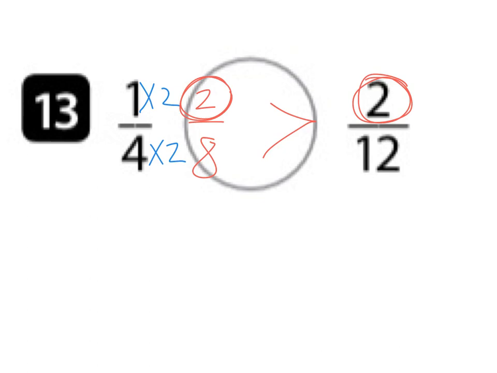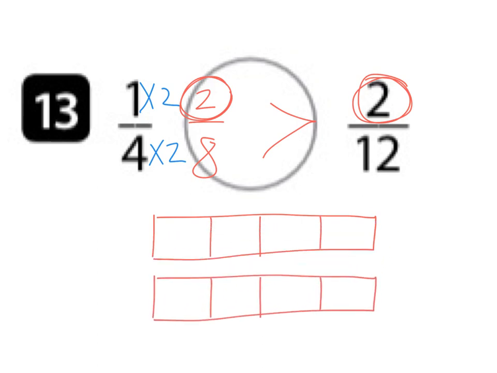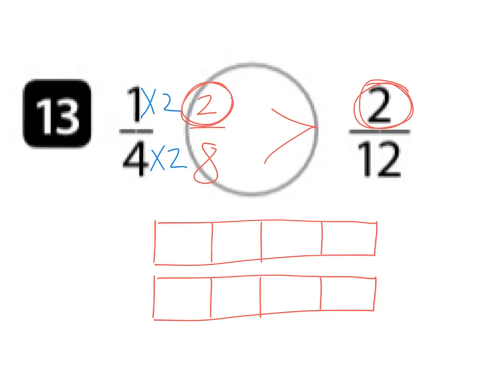But just to check it, let me quickly show you the bar model to show you that we are correct here. Let's get our same wholes. So the top one is going to be 1/4. We're going to shade in 1/4 here.